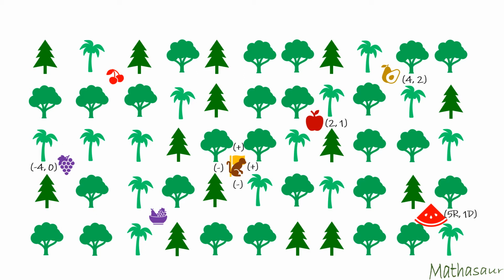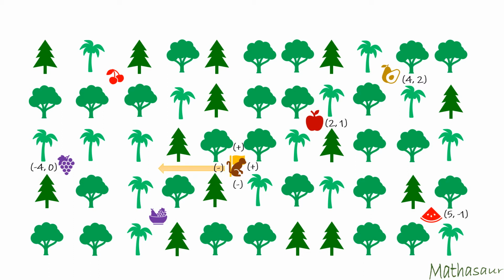For the watermelon, 5R 1D could be written as 5, which is a positive since the direction is on the right hand side, and down, which is a negative. So 1D becomes -1. So my watermelon's position is 5, -1.